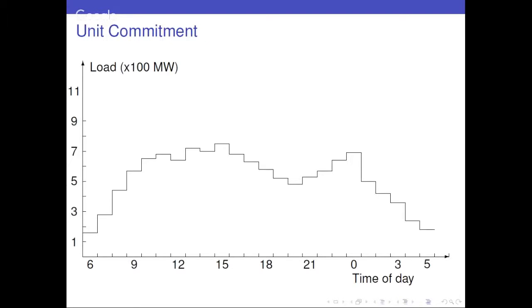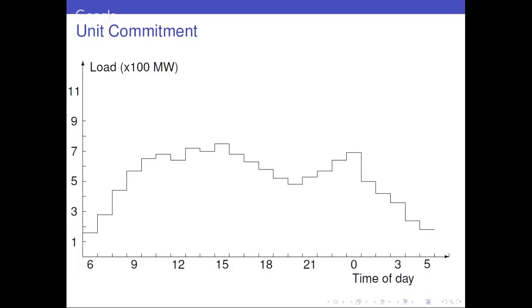The unit commitment problem basically has to do with making decisions about the cheapest way to generate power to meet the load, to meet the demand. In this picture, the x-axis is time of day for 24 hours, and the y-axis is the load at each hour of that day, the forecast load on a day-ahead basis.